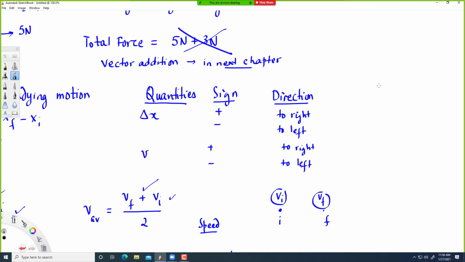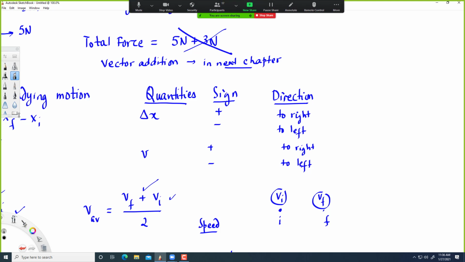Now let's talk about the direction of the acceleration. Here I will just give you the rule, but later I will explain why those rules apply.